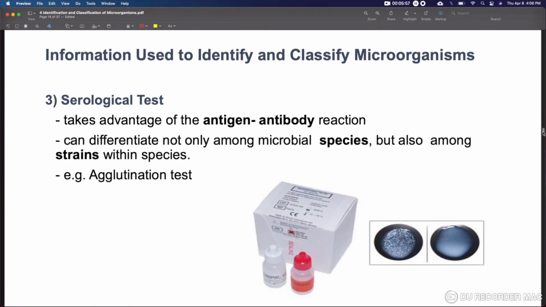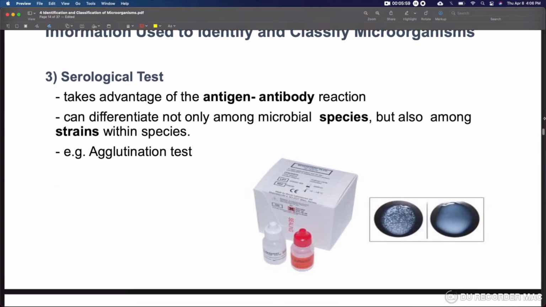And then again, for your phenotypic classification, for your phenotypic analysis, we also have your serological test. For serological tests, here we take advantage of what we call antigen-antibody reaction. Because as we all know, antibodies are specific to certain antigens.